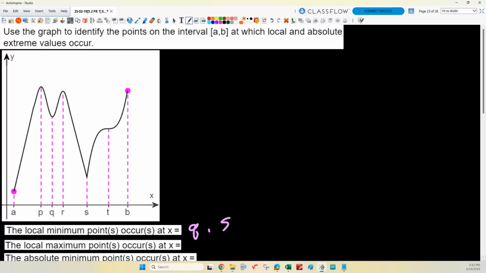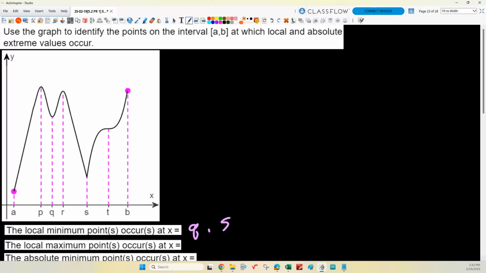Would T be one? The derivative is 0 at T, but is it a minimum or a maximum? No, it's not. How could you tell? If an ant were standing at T, in order for it to be a relative maximum, if the ant walked to the right or the left, he'd have to be going down, right? If it were a minimum, same thing: he'd have to walk left or right and go up.